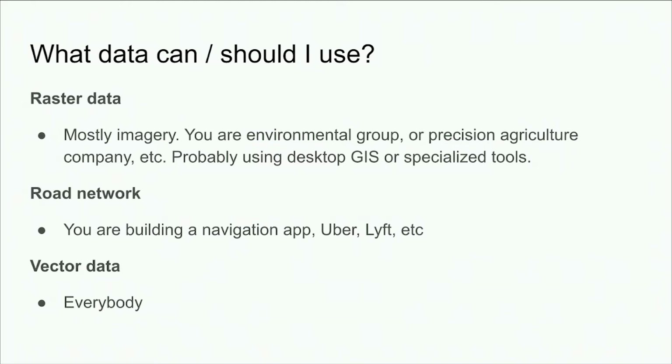You'll have a lot of satellite images, but you probably are using specialized GIS tools, so I will not talk much about using raster data today. Same with road networks. If you are using road network, you are probably building navigational app, or you are building Lyft or Uber. But vector data, I think, should be used by everyone.